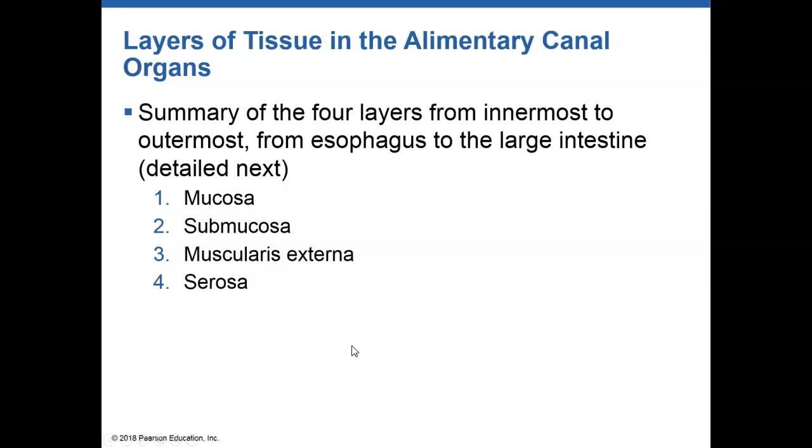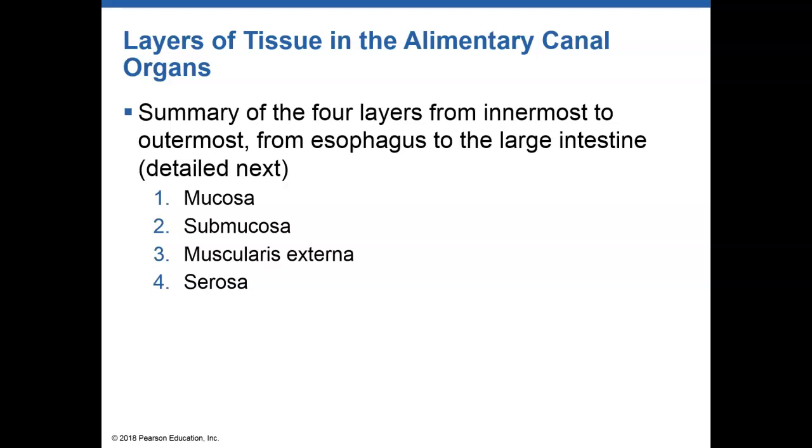So when we look at the esophagus all the way through the stomach, small intestines, and large intestines, there are 4 major tissue layers. We have the mucosal layer, which is going to be composed predominantly of columnar epithelium.